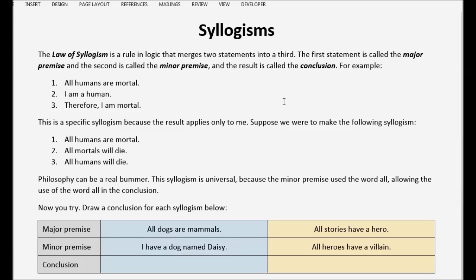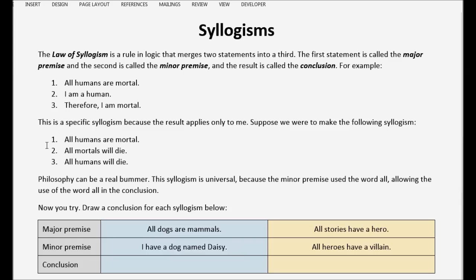So that's what we call a specific syllogism. We can also have a universal one, like all humans are mortal. All mortals will die. So all humans will die. Basically we are connecting the major premise with the minor premise, which allows me to make some kind of final statement.